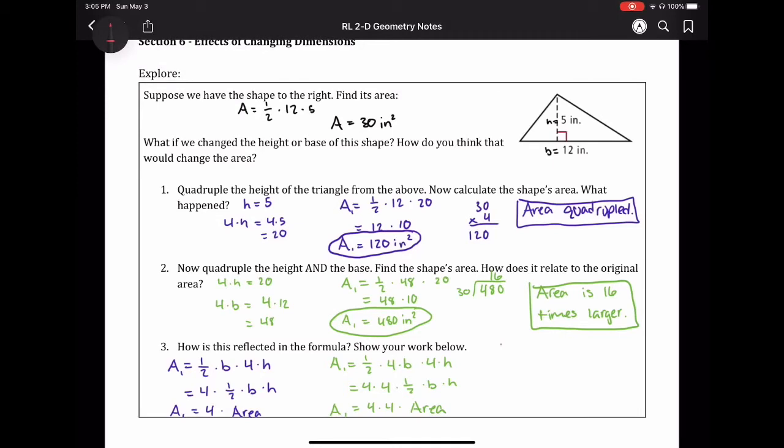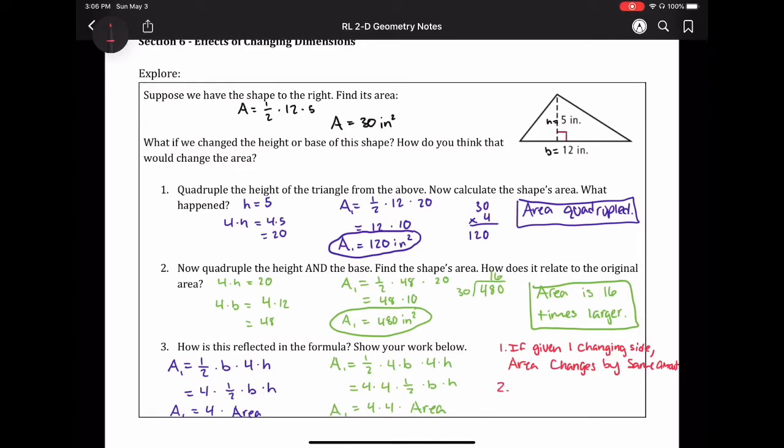If given one changing side, the area changes by the same amount. So if you're changing one side, just the base or just the height, not both, the area changes by the same amount.